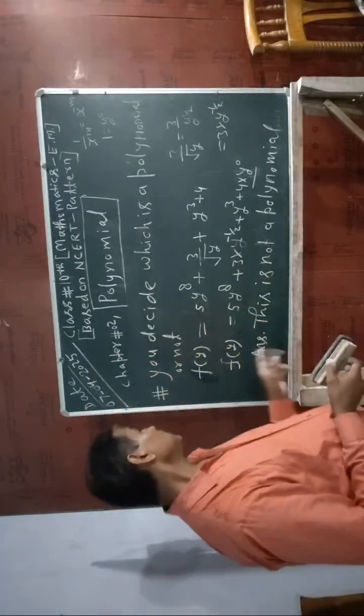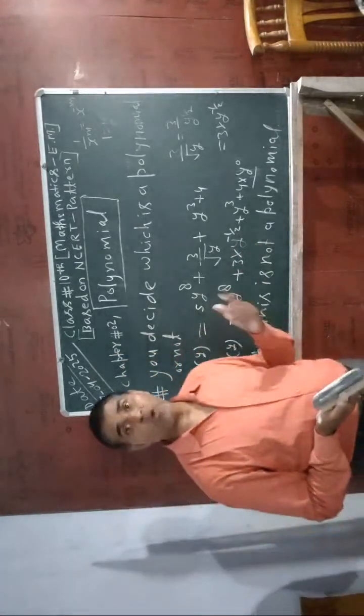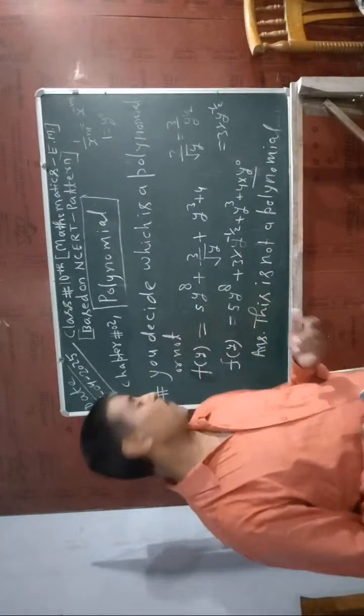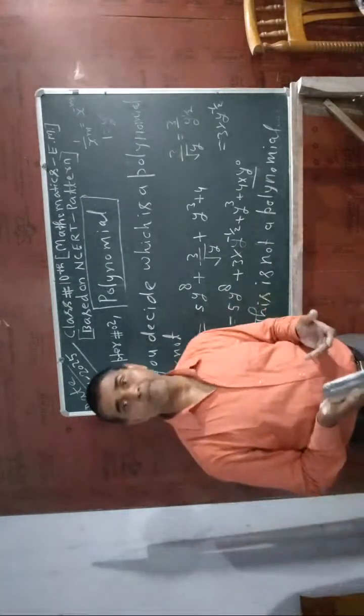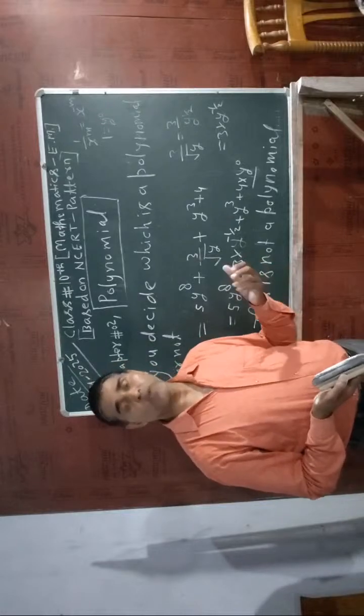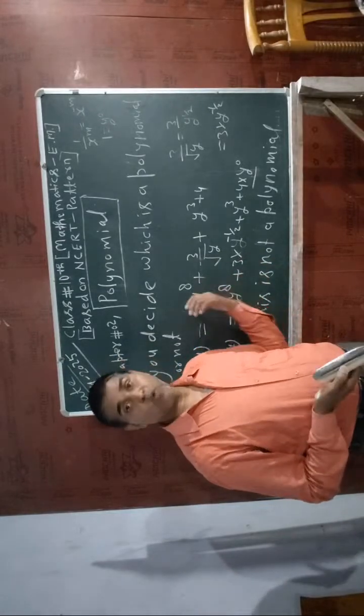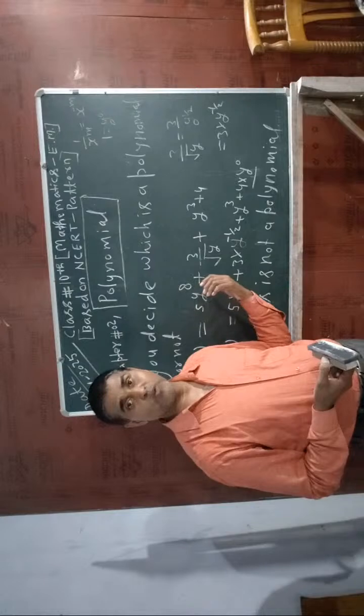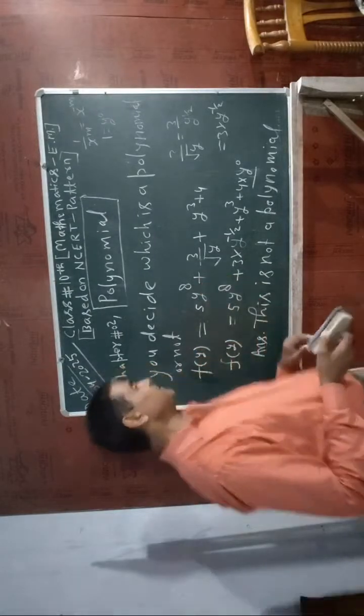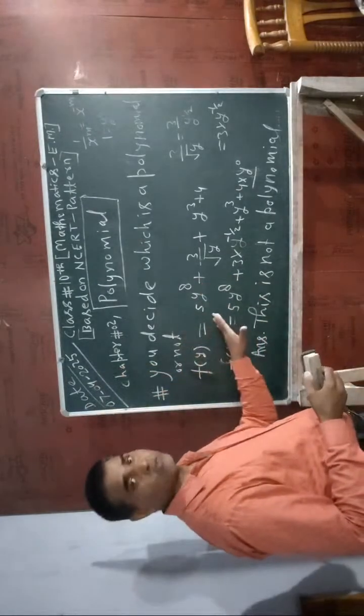Okay, students, the function can be in the form of x, y, t, u, v, from a to z, any form, and you can decide very well. I am going to erase this one and explain the next topic.